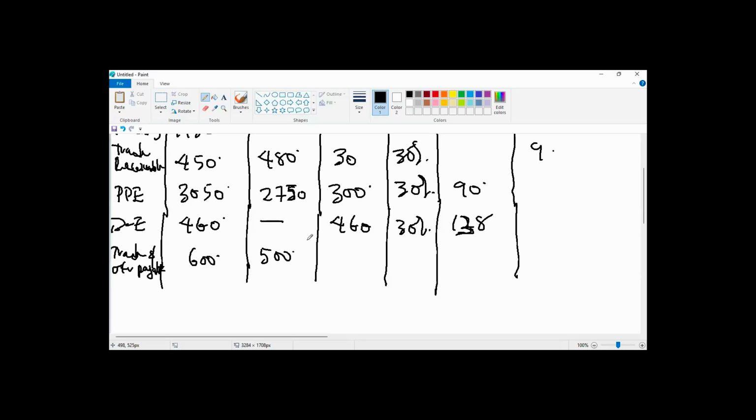So an asset. Which one is bigger out of these two? 600. How can minus 600 be bigger than minus 500? Okay, don't worry, we'll get it.